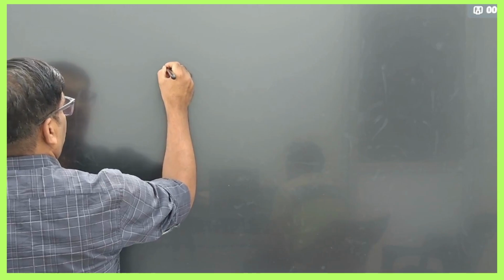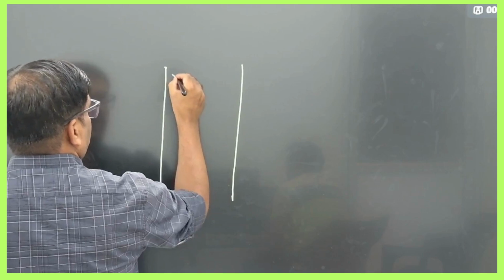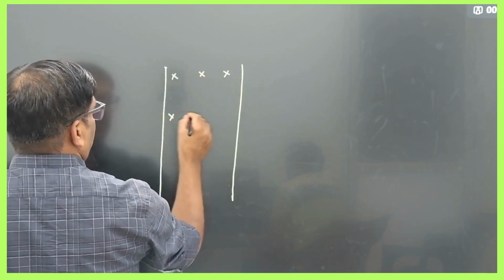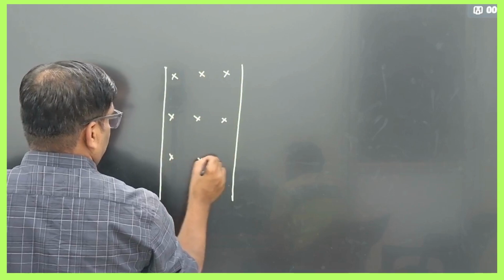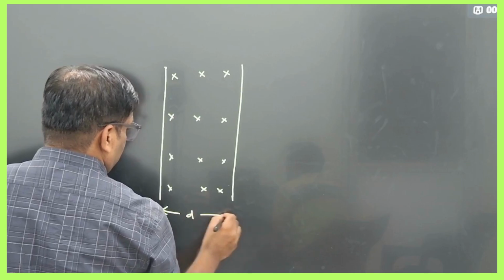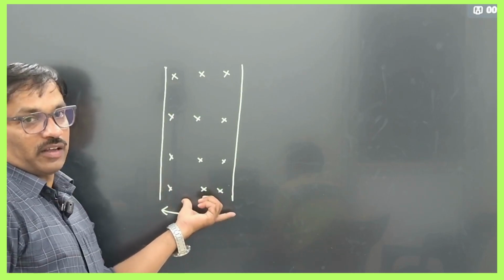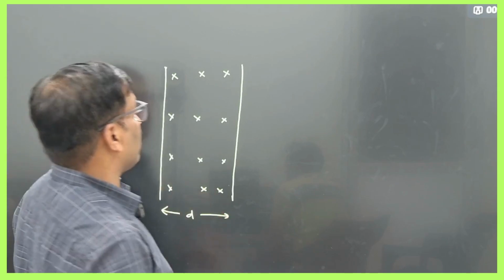Suppose there is one magnetic field region. This type of question is frequently asked in JEE Mains. This is the region of width D, and the region of the magnetic field is very small compared to the radius.